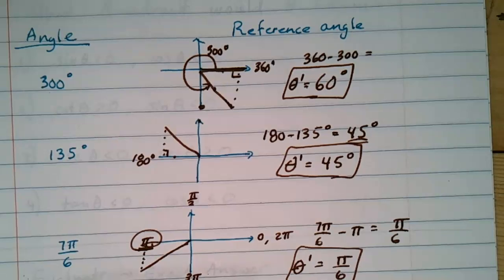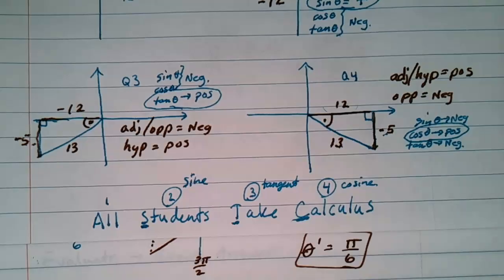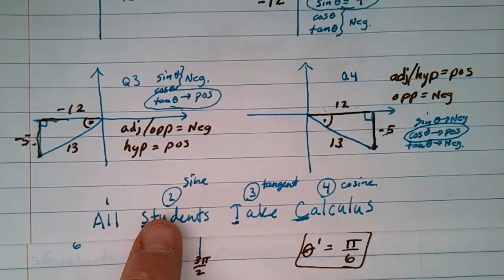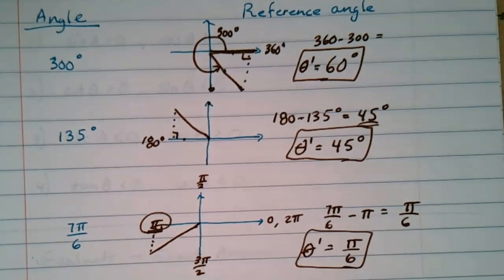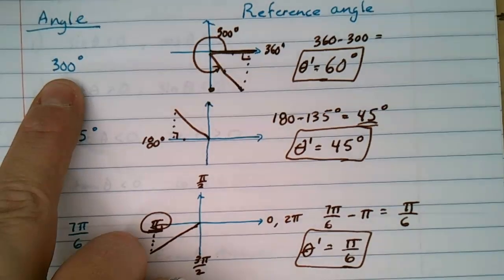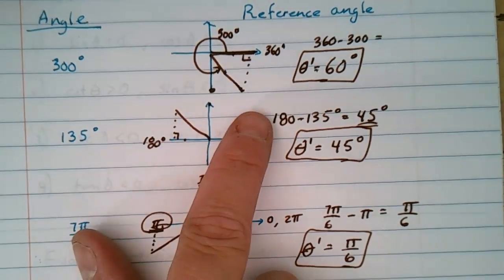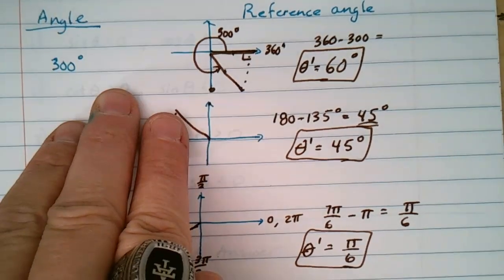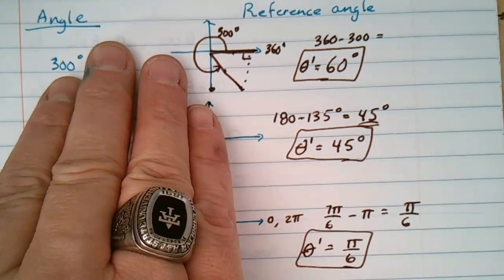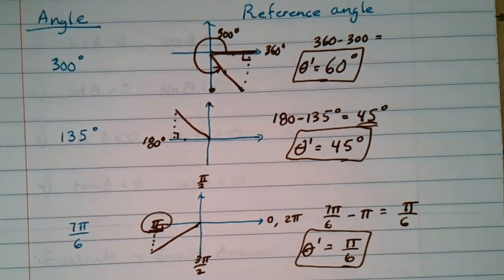So if we circle back to our previous page and use our "All Students Take Calculus," what quadrant are we in? We're in quadrant 4.